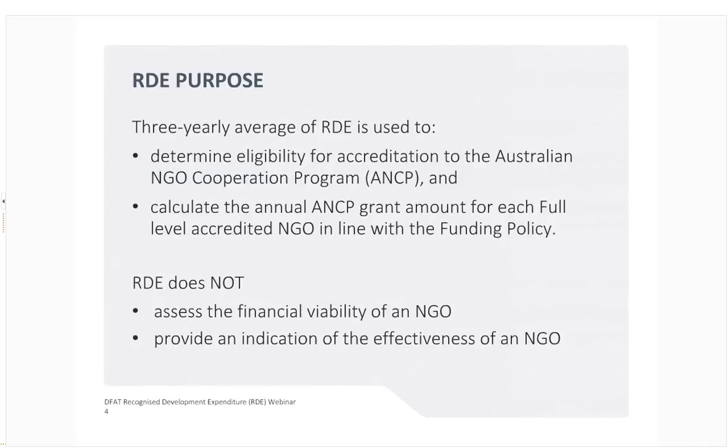What RDE doesn't do is tell us whether or not you're functioning effectively or about your financial viability. It really just is for those two purposes, for accreditation and for grant amounts. And it is just a tangible measure that all NGOs share so that we can fairly and equitably calculate your eligibility and grant amounts.